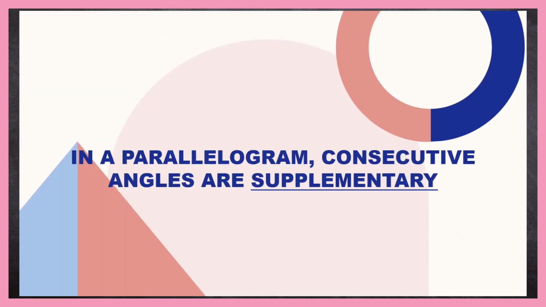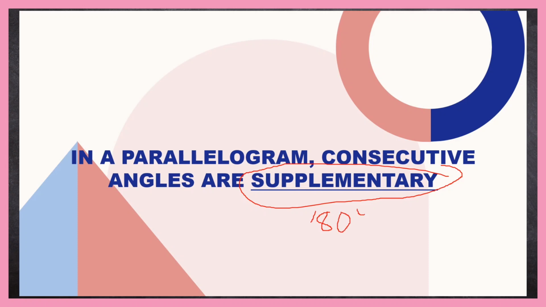Okay, next we have, in a parallelogram, consecutive angles are supplementary. So this is the next property of a parallelogram. When we have supplementary, it means we have 180 degrees.